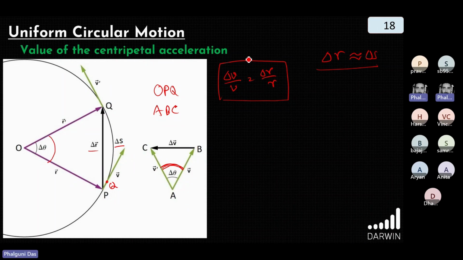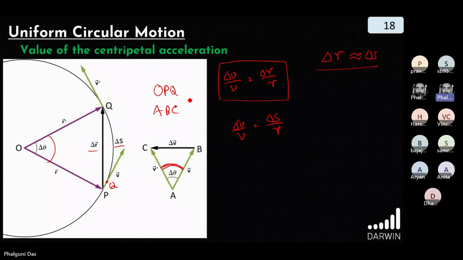For a long distance, we see it as a curved path, but for a smaller distance, the curve is almost equal to a straight line. So we're going to use the same fact here. That is, delta V by V is equal to, replacing delta R by delta S, delta S by R. So this is another relation we got.